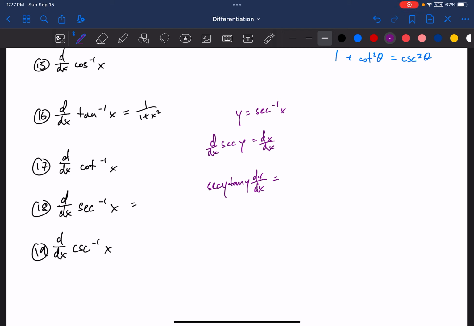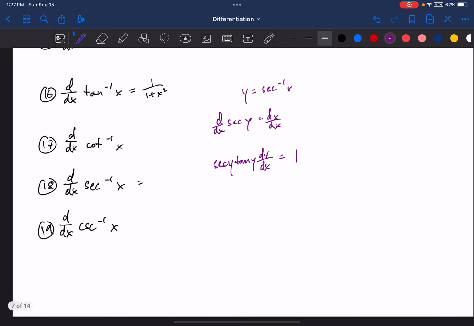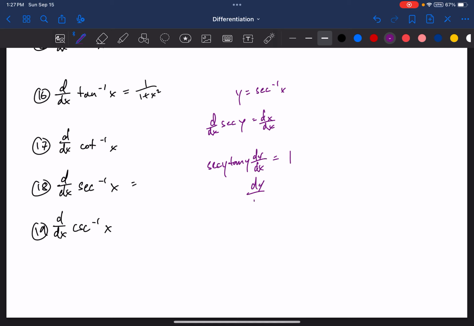And then here I would get 1. And then dy dx, I will isolate this. This will become 1 over secant y tangent y. And you realize that for this one, secant y is equal to x, and I have secant y here. So I can just take x out already.